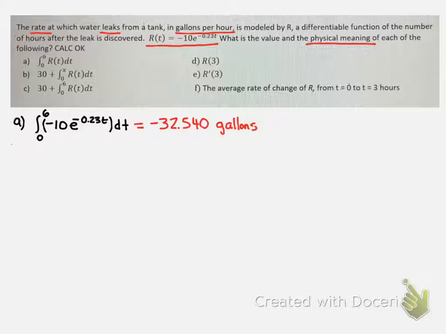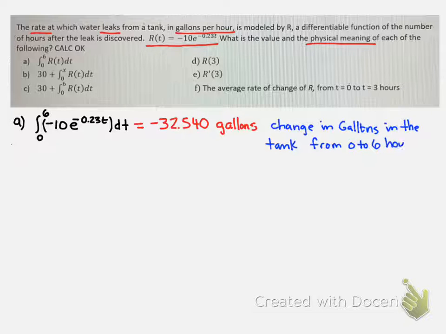So now, the most important part, the physical meaning. What does this mean? Well, this means the change in volume, or gallons, in the tank from 0 to 6 hours.